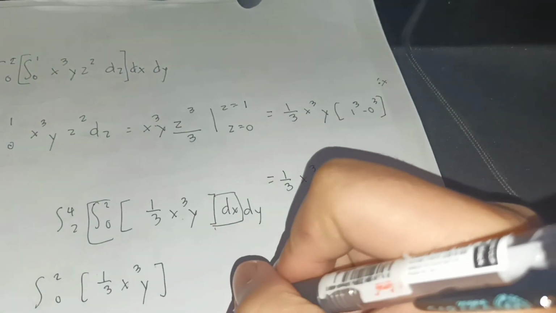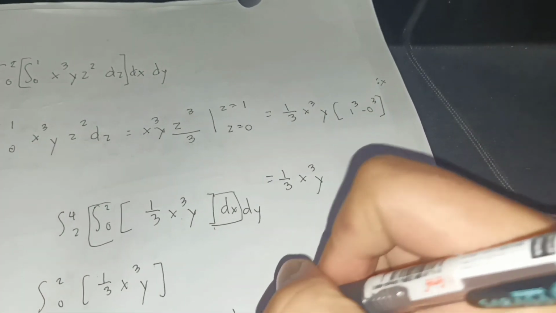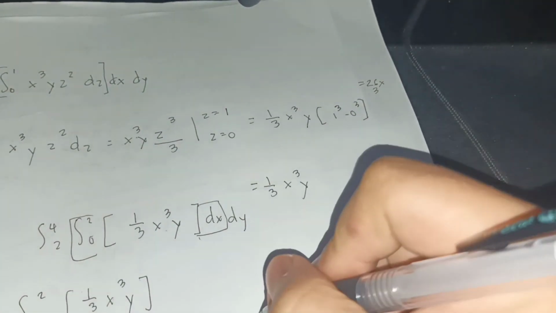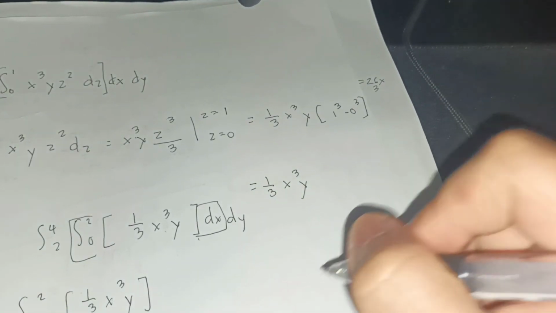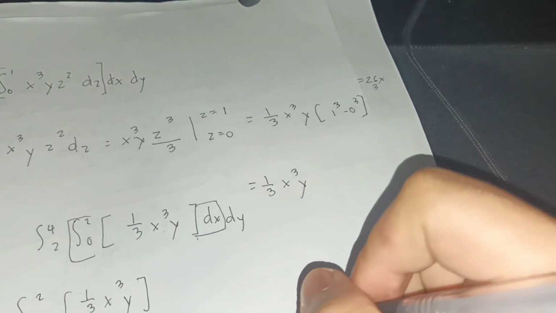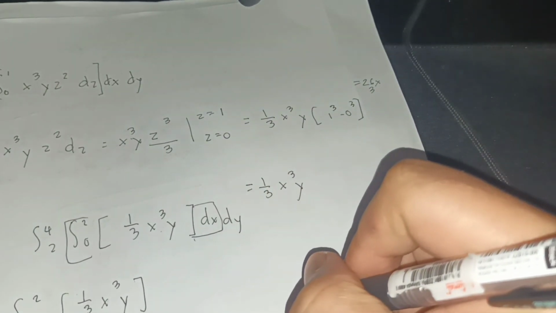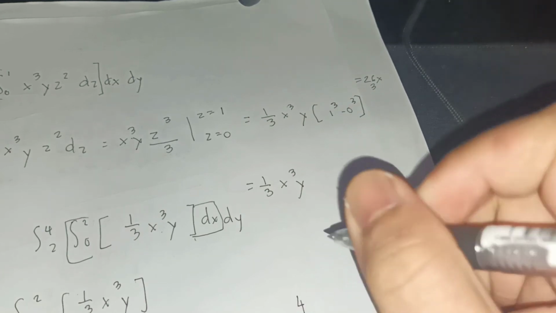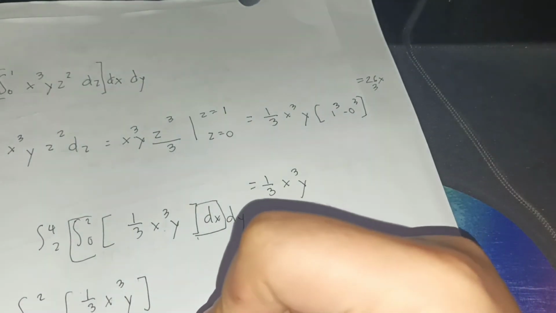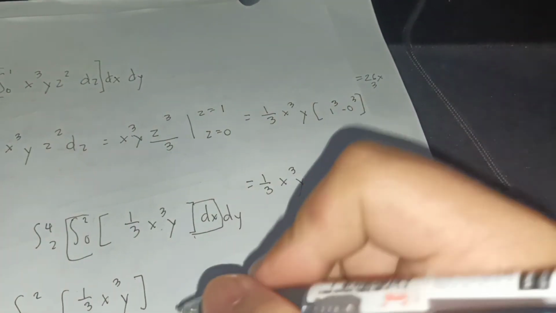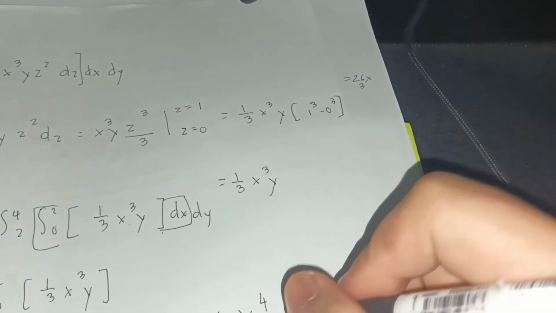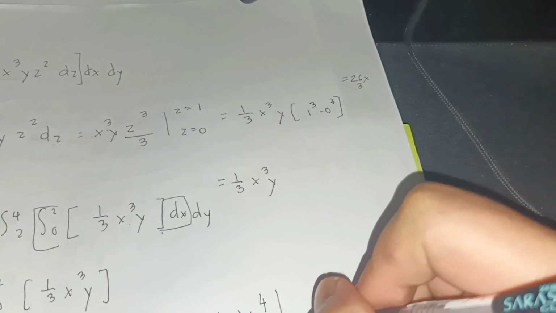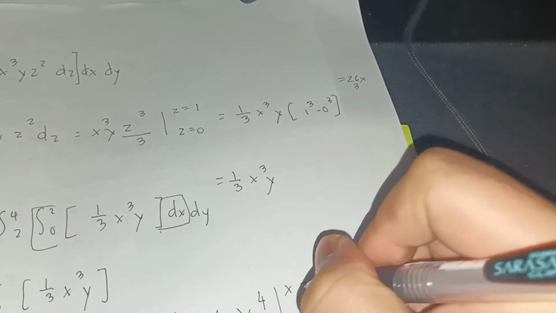Now we will copy 1/3 y times x to the 4, which is the antiderivative of x cubed. Since we are now focusing on dx here, it's the second integral now. It will be equals to evaluating x equals 0 and x equals 2.